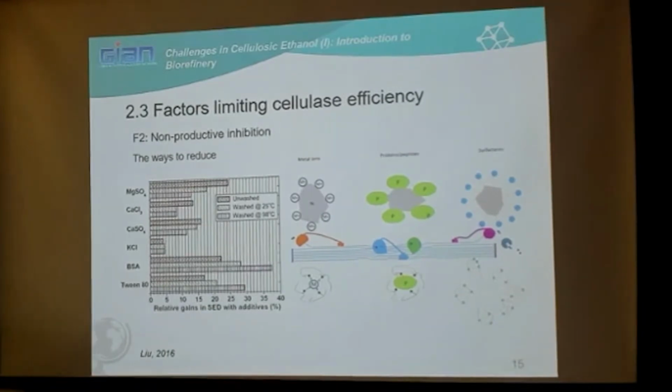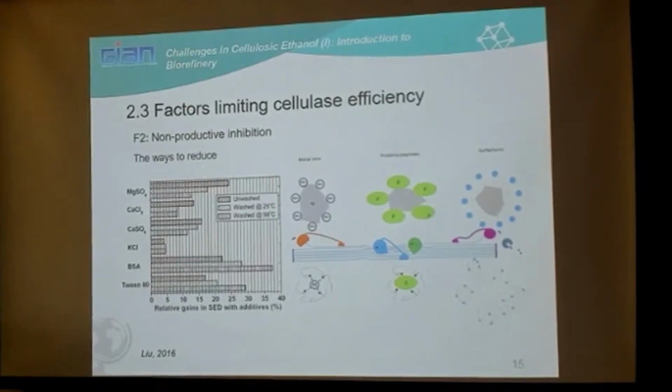I found that if I use pure water, the enzymatic hydrolysis is not good. But if I use tap water, the result is better. So I tried to explain. I found that these two salts, two metal ions, worked out.